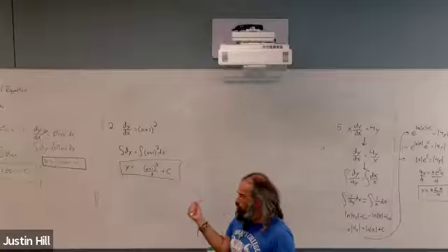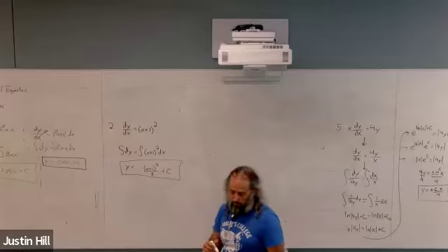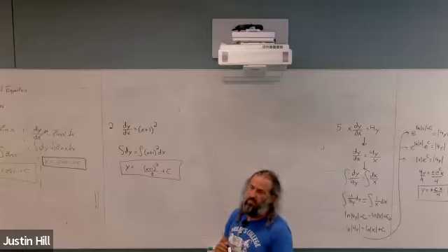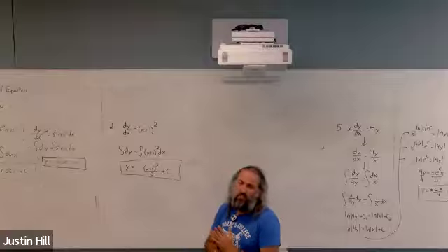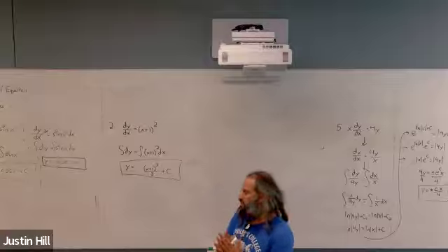So let's go through one example with initial conditions, and we'll keep doing initial conditions. Actually, I think I pretty much covered all these sections, so we'll come back to that next video.